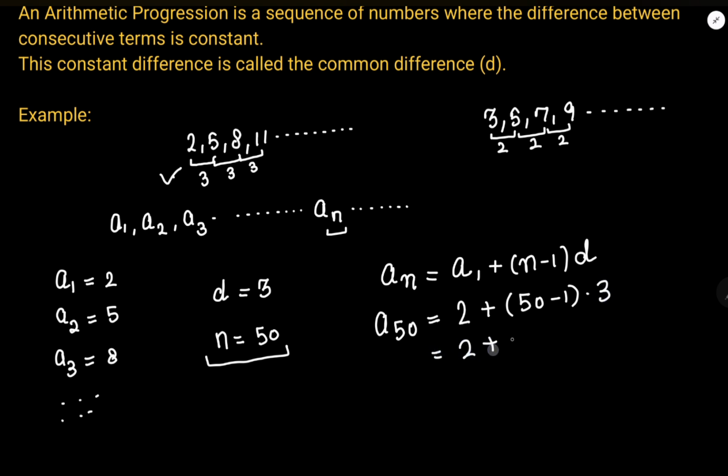So 2 plus 49 times 3. 49 times 3 is 147, plus 2 is 149. So the 50th term is 149. This is how we find the nth term of any AP.